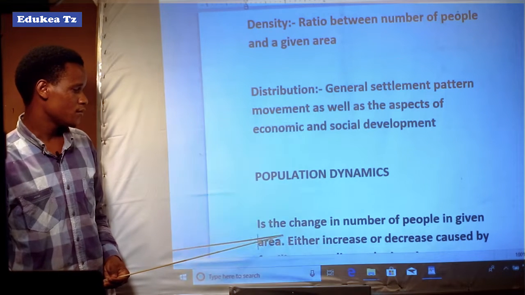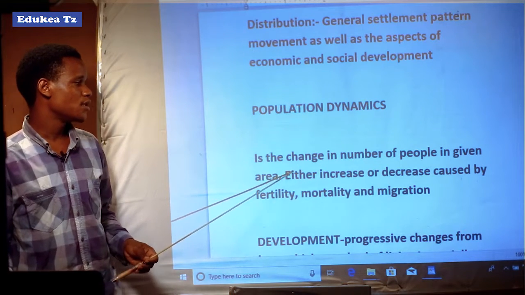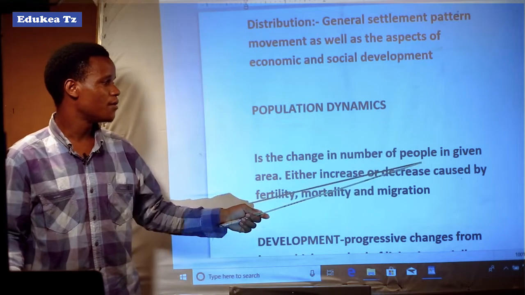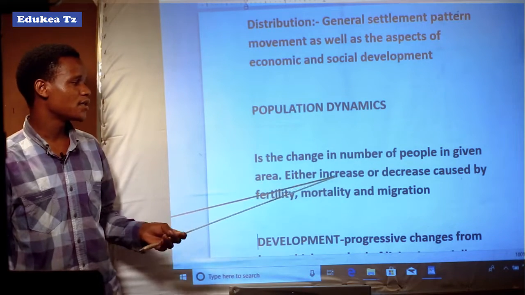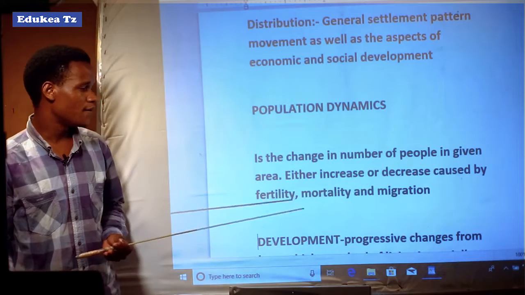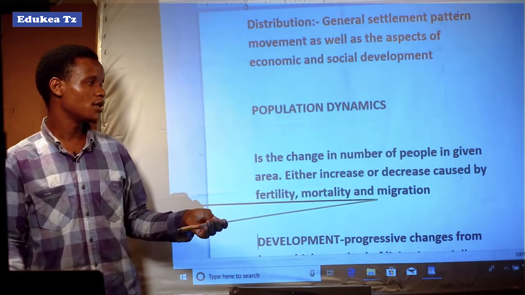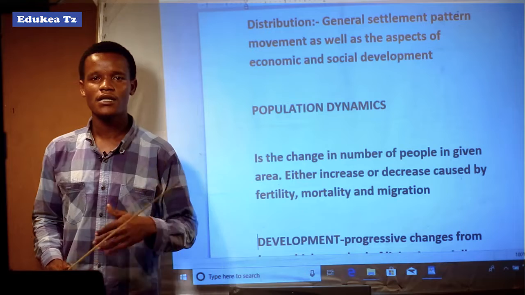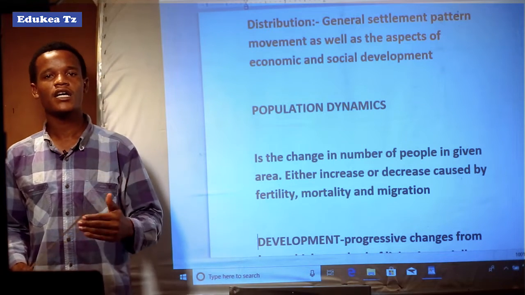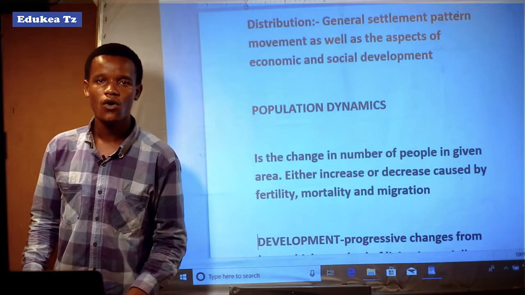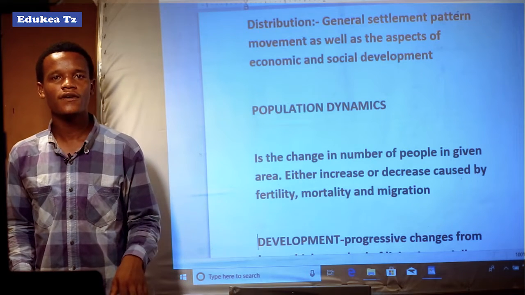Population dynamics is a change in the number of people in a given area, either an increase or decrease, caused by fertility, mortality, and migration. So population dynamic is changing, and that change can be either a decrease or an increase according to different reasons.